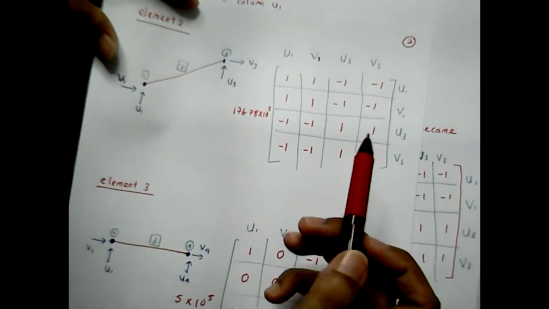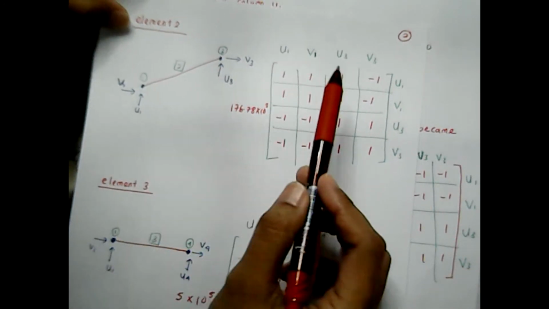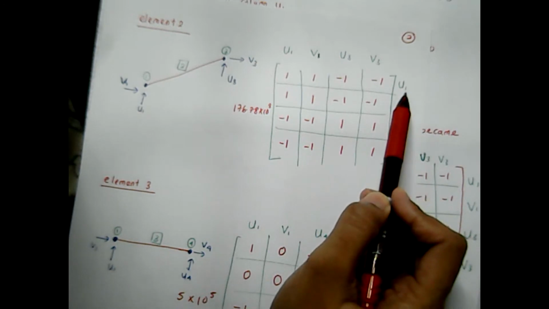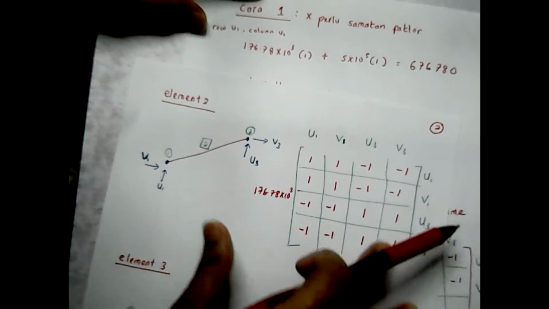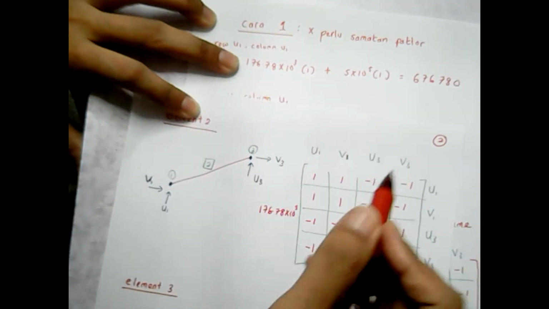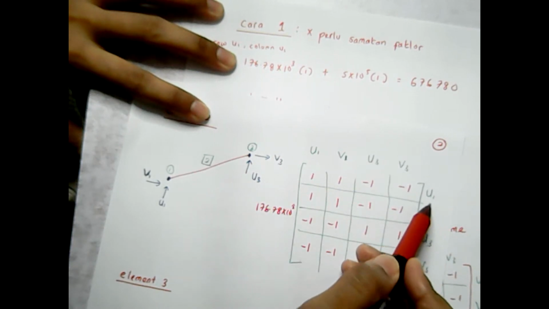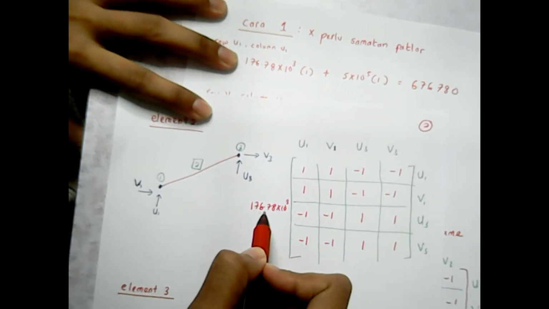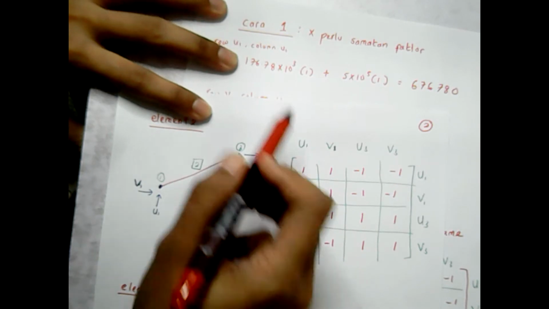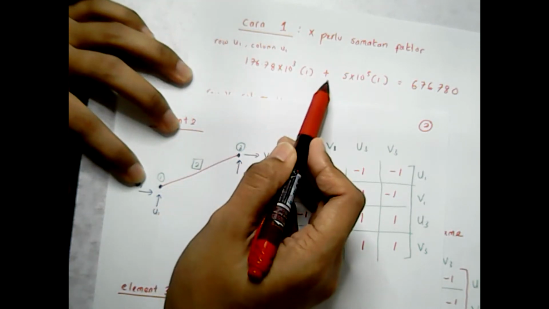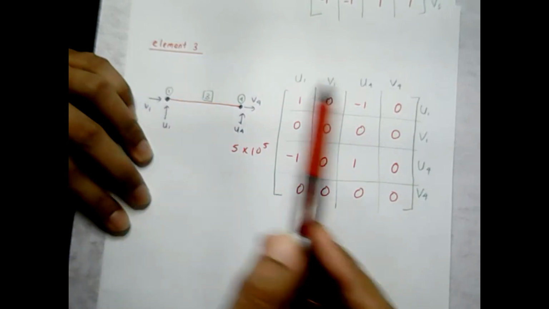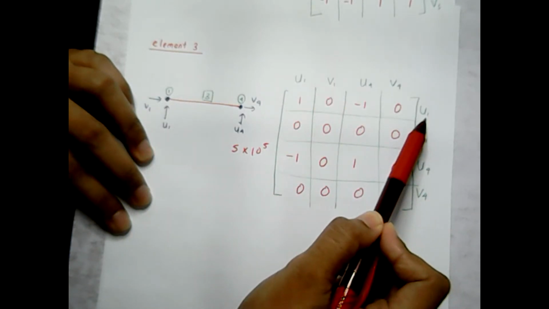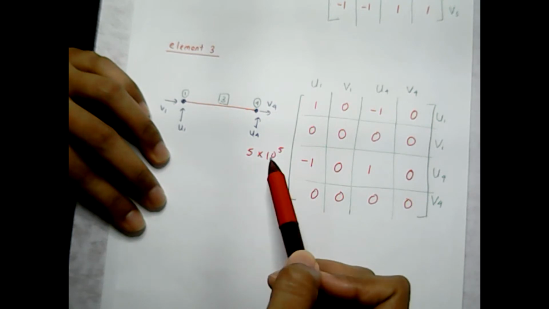Now look at element number 2. For u1 and u1 you have 176.78 times 10 to the power of 3 times 1, plus element number 3, where u1 and u1 is 5 times 10 to the power of 5 times 1.